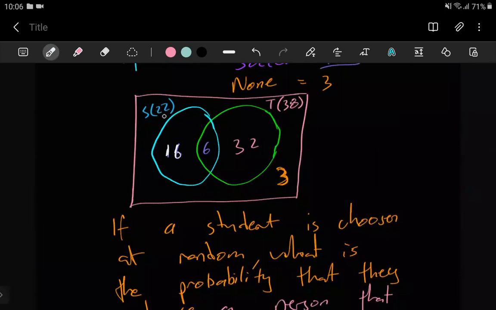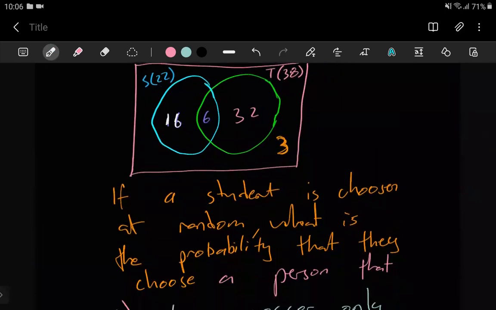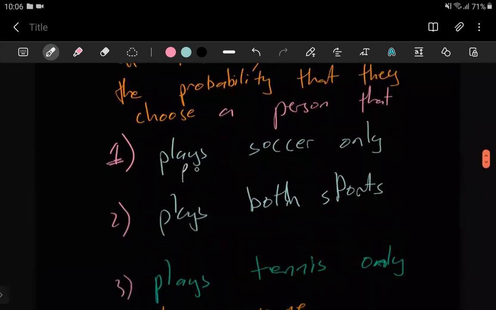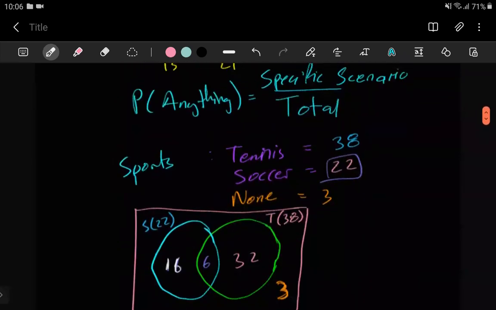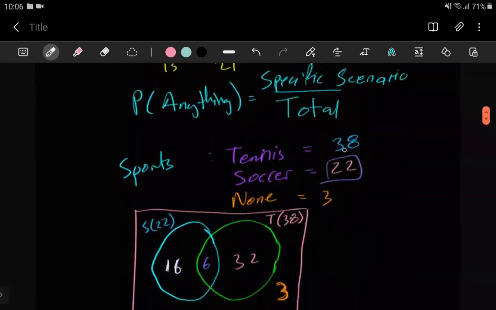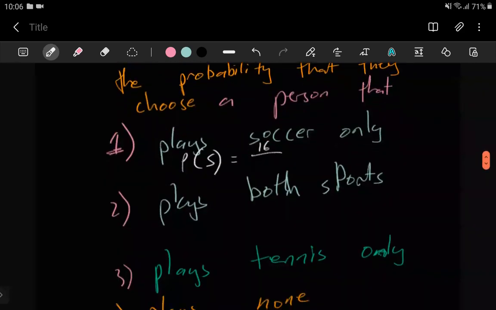Out of a total of 22 that play soccer, only 16 play soccer only. So the probability that a person plays soccer only is going to be equal to 16 people out of a total of, we know that we're dealing with 38 plus 22. That's going to give us a 60.